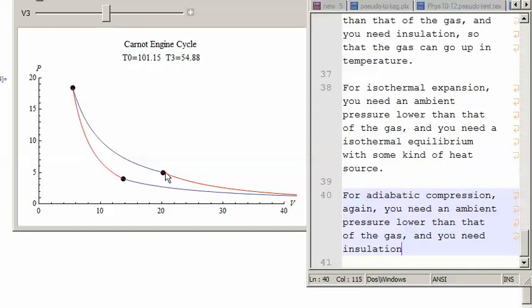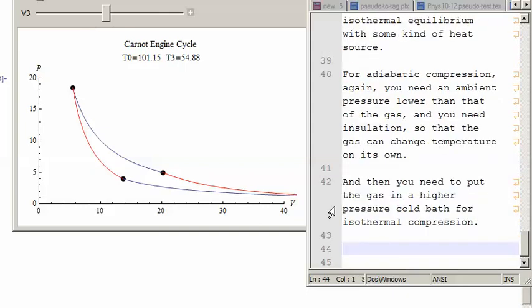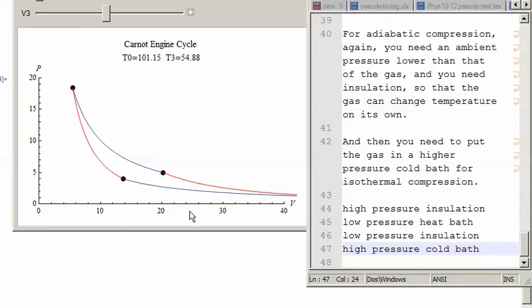For adiabatic expansion, again, you need an ambient pressure lower than that of the gas, and you need insulation so that the gas can change temperature on its own. And then you need to put the gas in a higher pressure cold bath for isothermal compression. So again, you have a high pressure insulated environment, then a low pressure heat bath, then a low pressure insulated environment, then a high pressure heat bath.